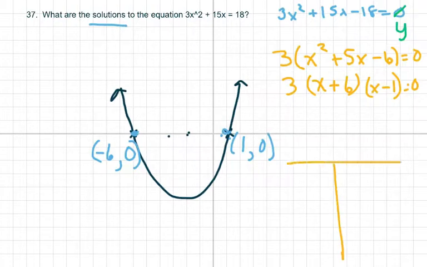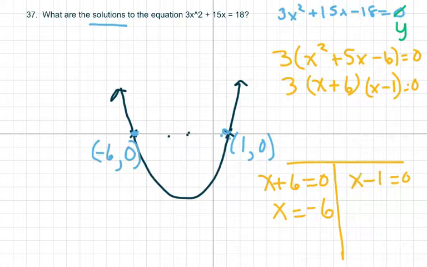So we get x plus 6 equals 0, means x equals negative 6. And you get x minus 1 equals 0. We don't care about the 3, because the 3 is just a multiple. So this would be x equals 1. And those are your two solutions too.